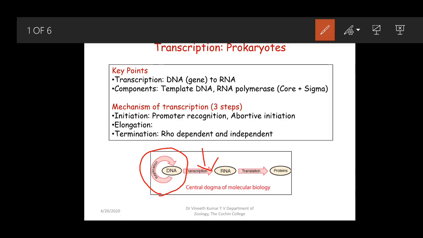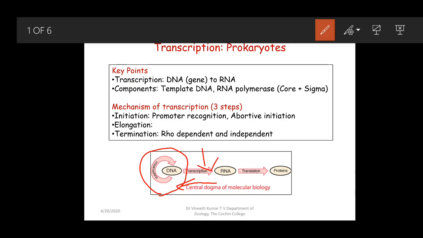where we'll see the process of translation. So here in the central dogma, an important step is missing in this particular diagram, that is the reverse of the normal central dogma of molecular biology, and that is the reverse of transcription.